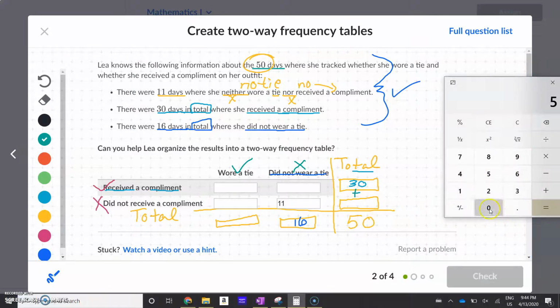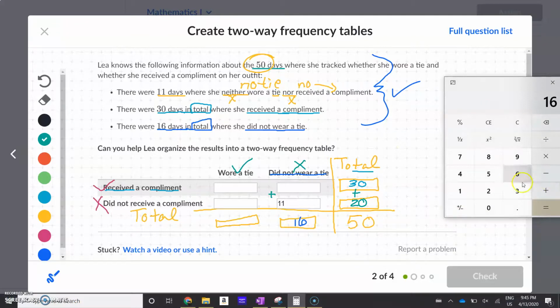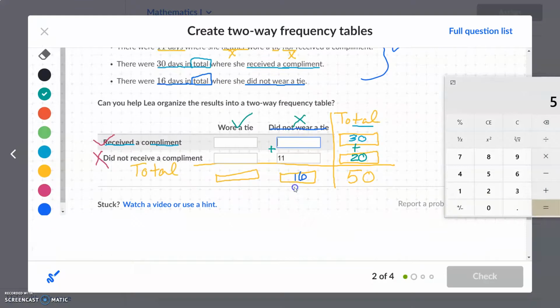If we subtract 30 from both sides, we get 20. So 20 is going to go in this box. What about this one? Something plus 11 is equal to 16, right? So 16 minus 11 is 5. I have to type that in, 5.